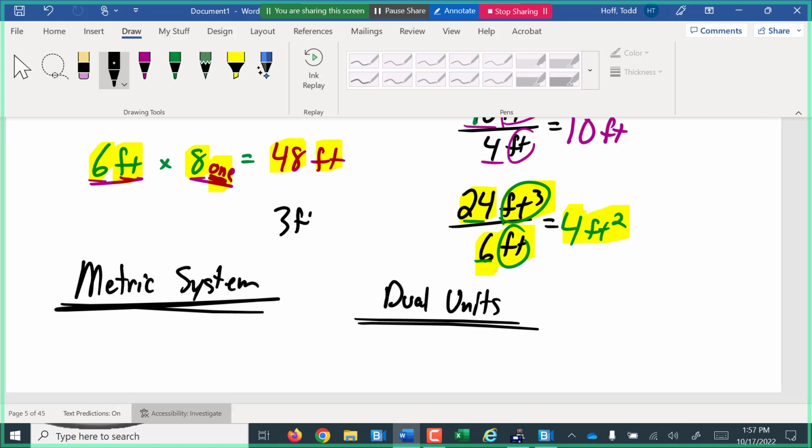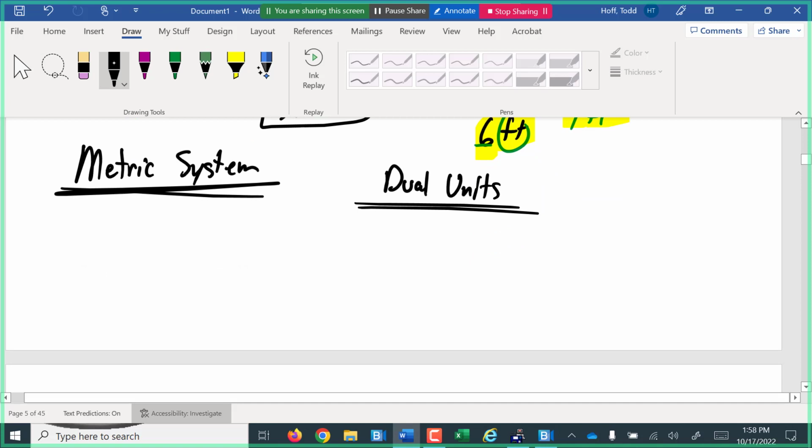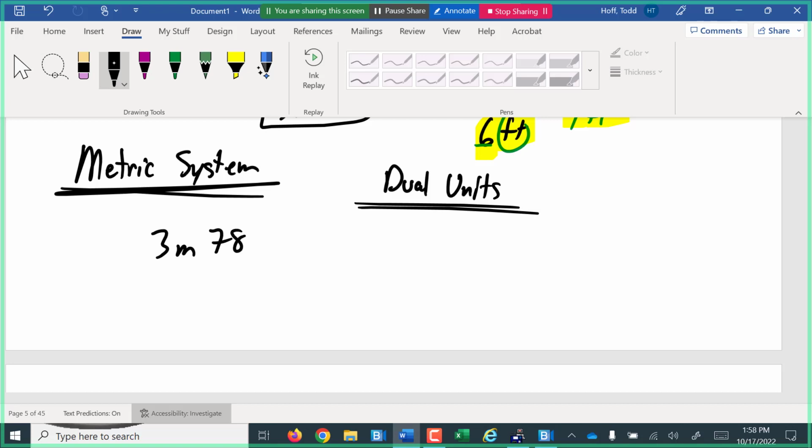If I had 3 feet 7 inches and I wanted to just express that in feet, well, that ends up being 3.58333333 feet. That's not a good conversion. So we just left it in dual units, 3 feet 7 inches. Well, in the metric system, we would never see something listed as 3 meters and 78 centimeters. It just doesn't happen because it's not necessary.